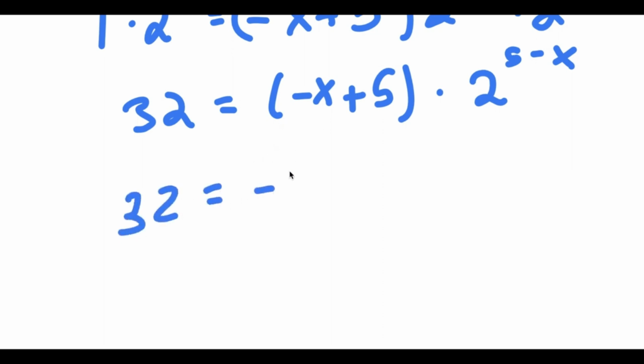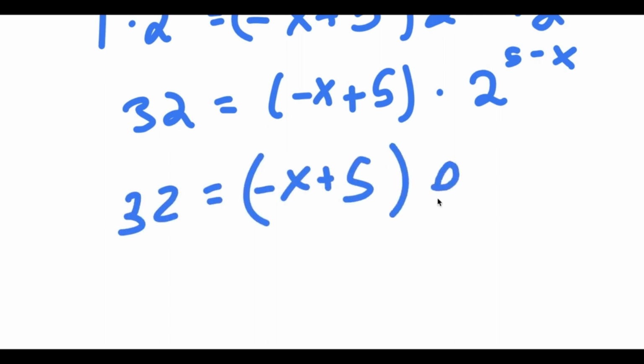Now I have 32 is equal to negative x plus 5 times e to the power of ln of 2 times negative x plus 5.